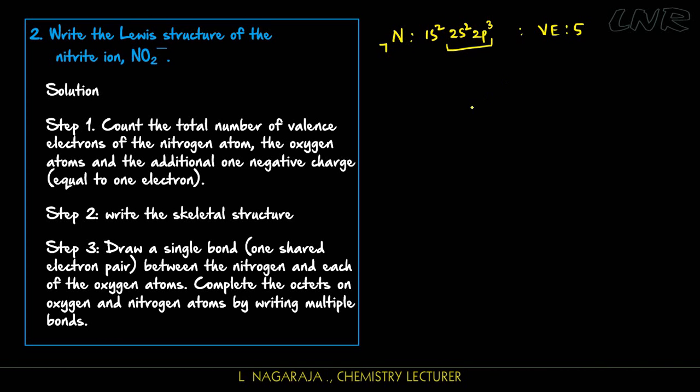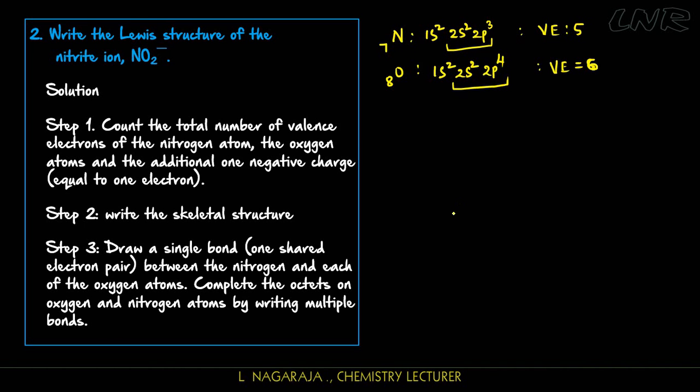In the case of oxygen, the atomic number is 8, so its configuration is 1s2, 2s2, 2p4. So the number of valence electrons in the oxygen atom is 4 plus 2, 6, right? So there are 5 electrons in nitrogen and 6 electrons in oxygen.